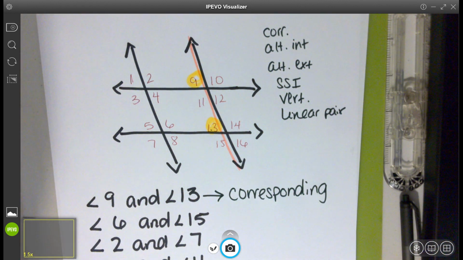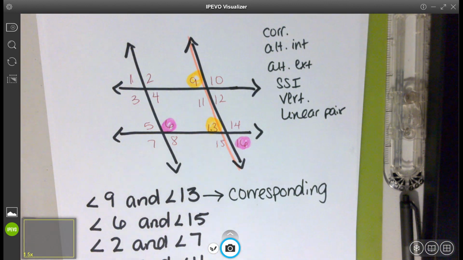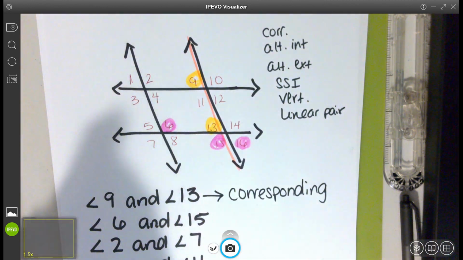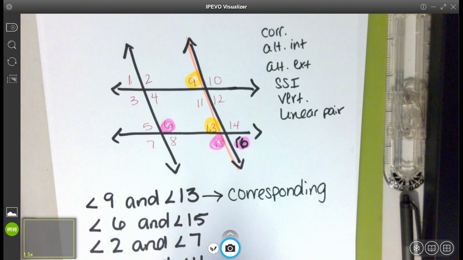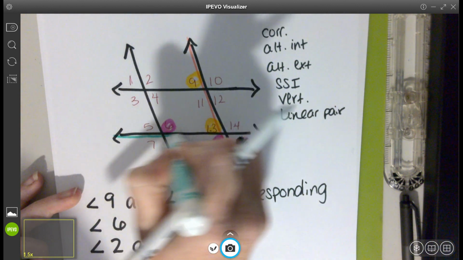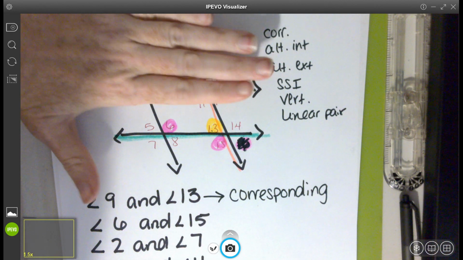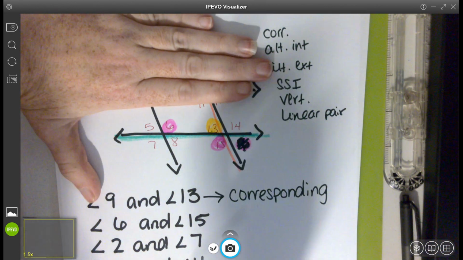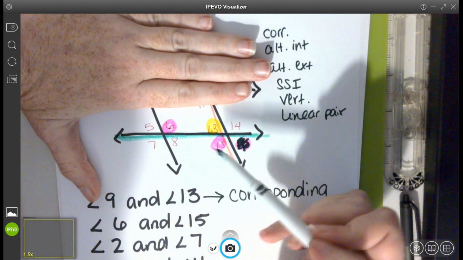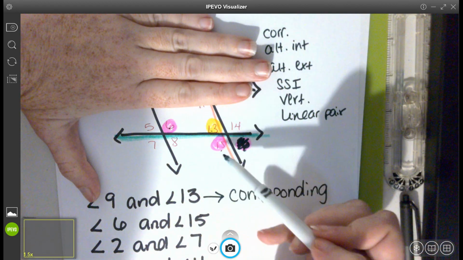All right, so now 6 and 15. So I'm going to look at 6 and 15. Oh, sorry, that's 15. So ignore that one. 6 and 15, I'm going to highlight the line that it's touching for both. So you can see that it's on this transversal here. So I want to see what relationship that is. So it's now a little sideways from our picture. So again, we're going through the process. These two angles are inside the interior and it's alternating.